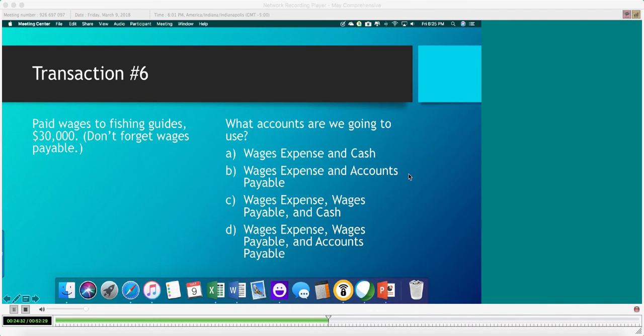Would we use wages expense in cash, wage expense and accounts payable, wages expense, wages payable in cash, or wages expense, wages payable and accounts payable? This one is a tricky one.